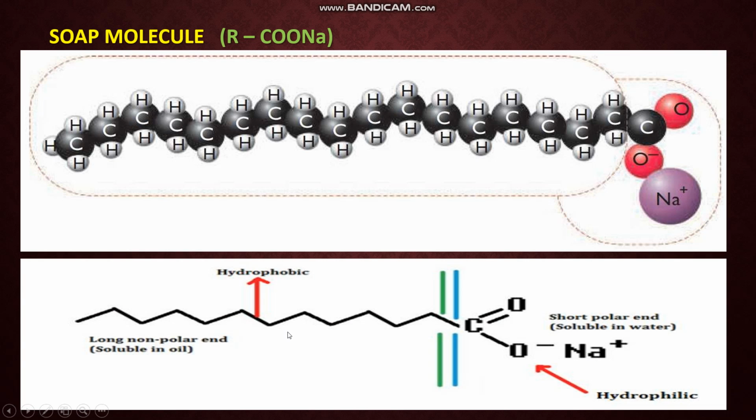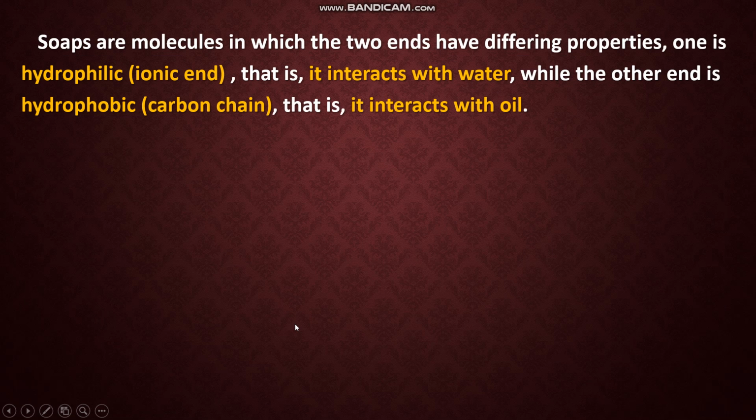This is another representation. So here this is the hydrocarbon part and this is the carboxylic acid part, sodium salt. That means this is the ionic part or polar part which is hydrophilic, which is soluble in water. This is a long non-polar end or hydrophobic which is soluble in oil. So we have seen now soap molecules having two ends which have different properties.